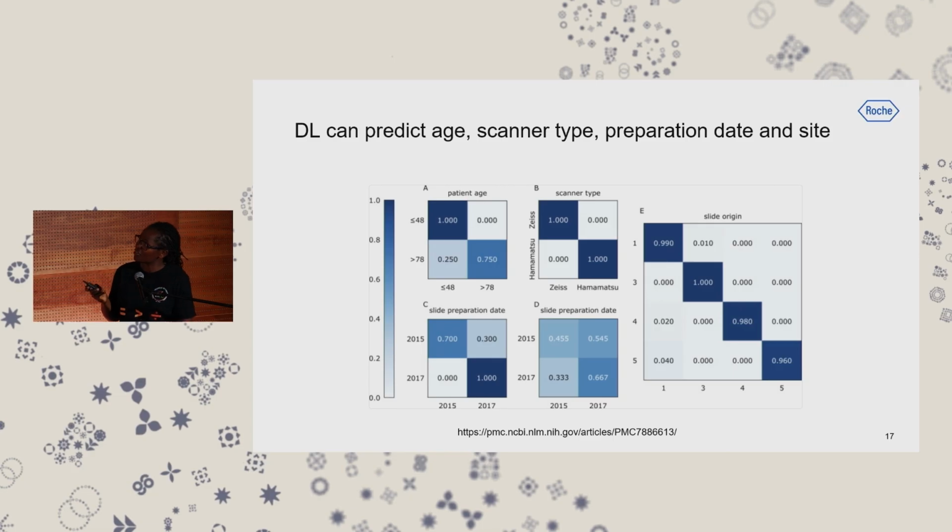And what is even more surprising, this is not very good, but it's surprising that it's getting a sense of even the dates, like the ranges of the timing when the scanners were acquired, right? These are not things that humans are good at, or even the scanner preparation date, where you see there's still some signal, right? There should be nothing that is encoding this type of information on the slides.